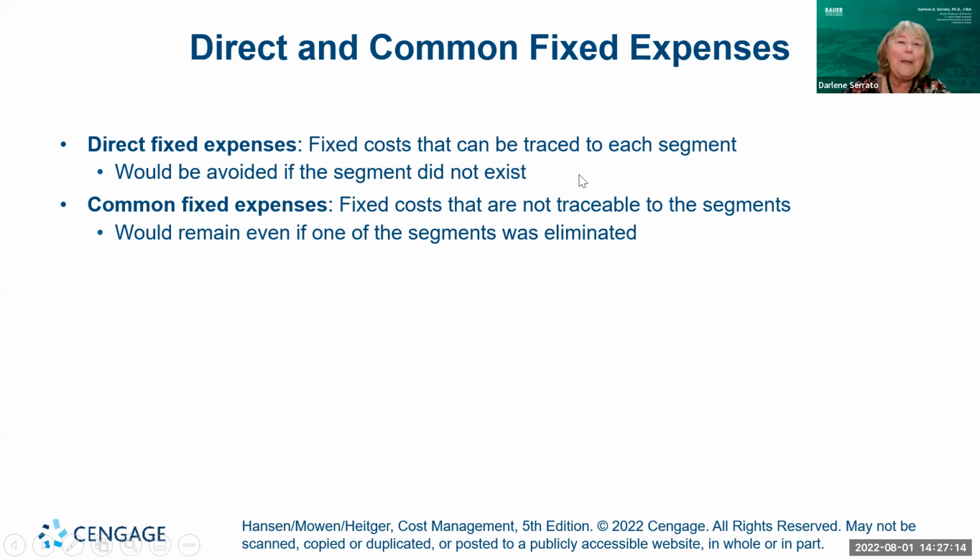So in a segmented income statement, you will have sales revenue minus variable expenses equals contribution margin minus direct fixed expenses equals segment margin. You would have that for the 2 or 3 segments. And then in the total company column, you would subtract from total segment margin of all the segments minus common fixed expenses to give you bottom line net income. They're called common because they're not traceable to the segments.